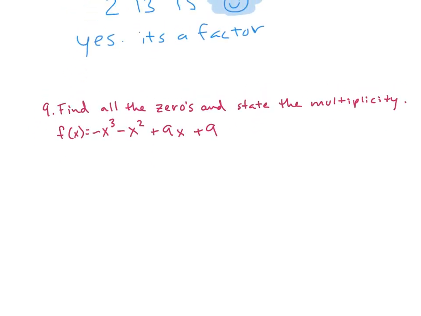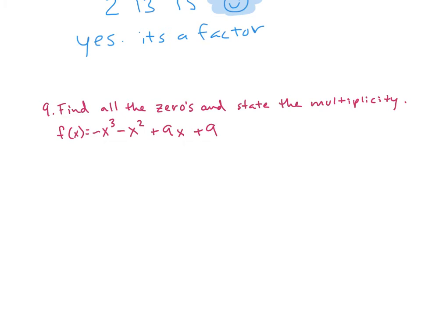Find all the zeros and state the multiplicity. What do we do? So we have 4 terms.